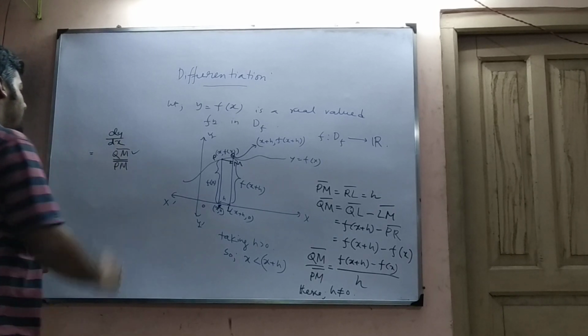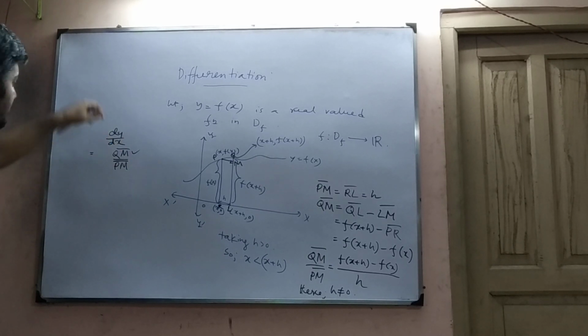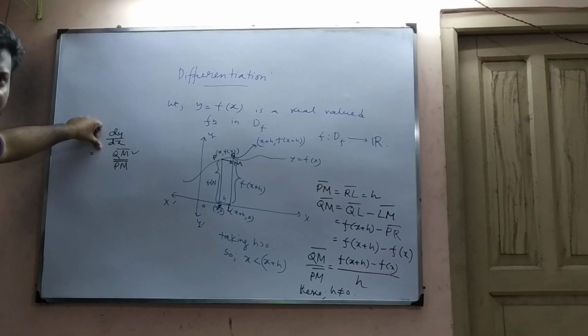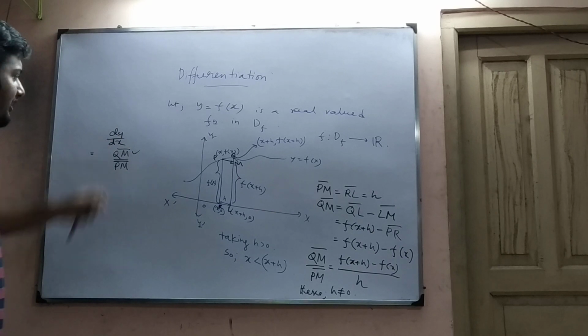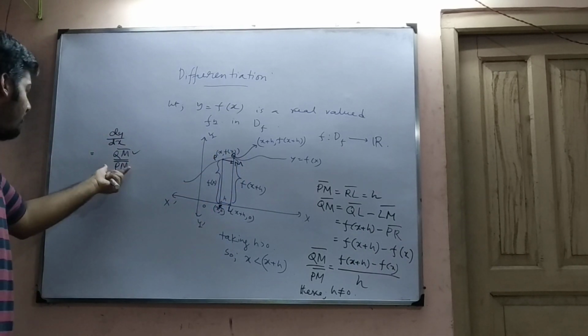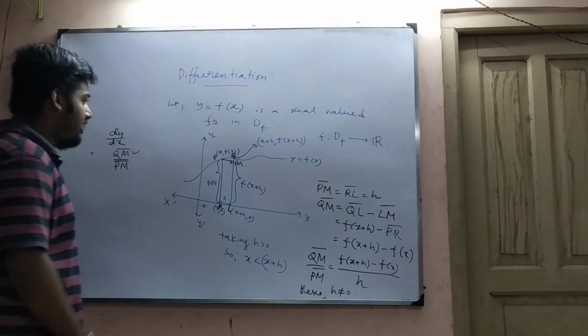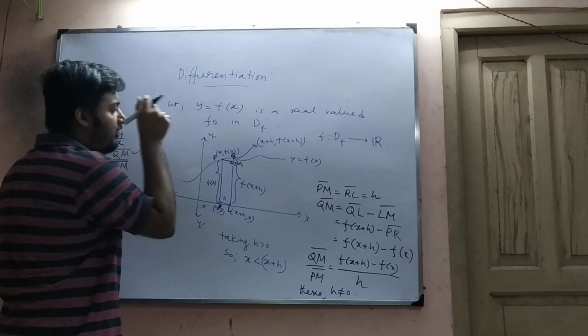Here dx, that means that is change of x. Dy dx means change of y with respect to x. So here you have change of y, that is small QM, and here you have change of x. What is change of x? Change of x is RL, and RL is basically equal to PM.